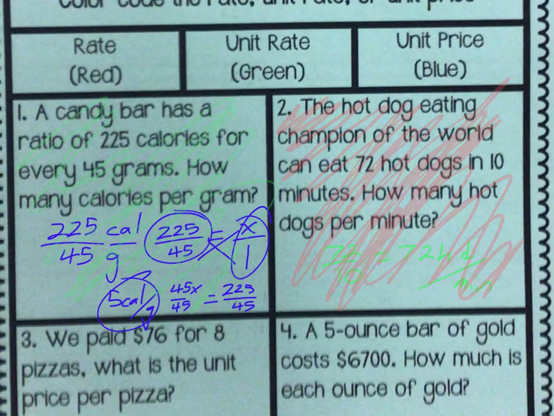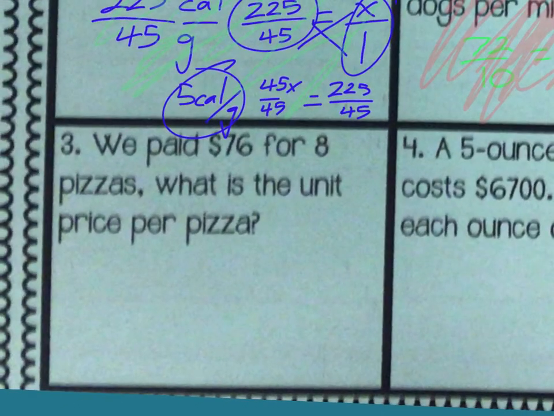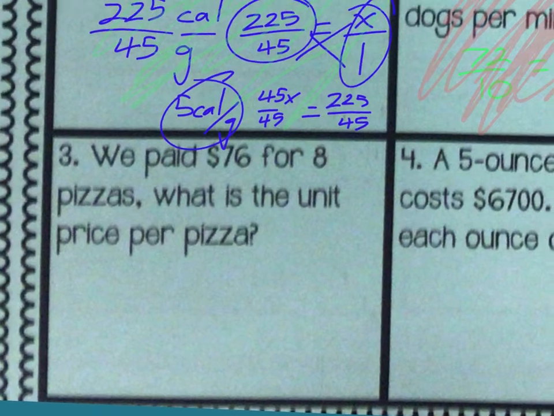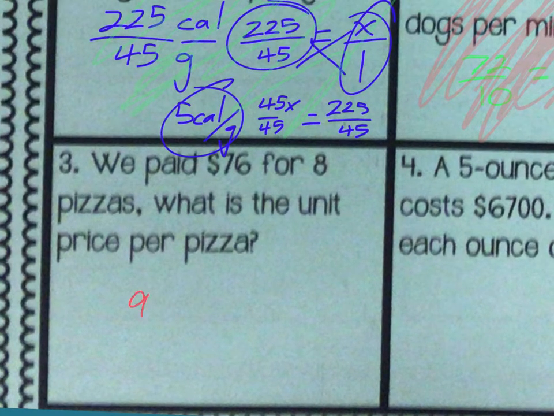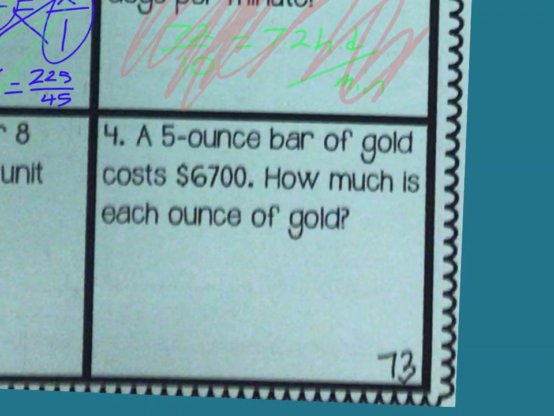Number 3, we paid $76 for 8 pizzas. What's the unit price per pizza? I'm going to go 76 divided by 8, and I get $9.50 per pizza. Put money there. Okay, and let's do this last one. A 5-ounce bar of gold costs $6,700.